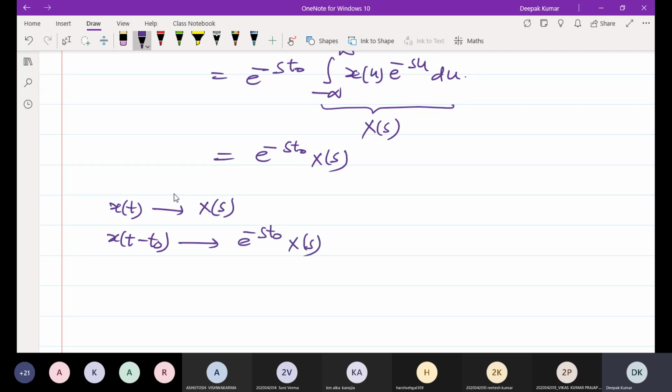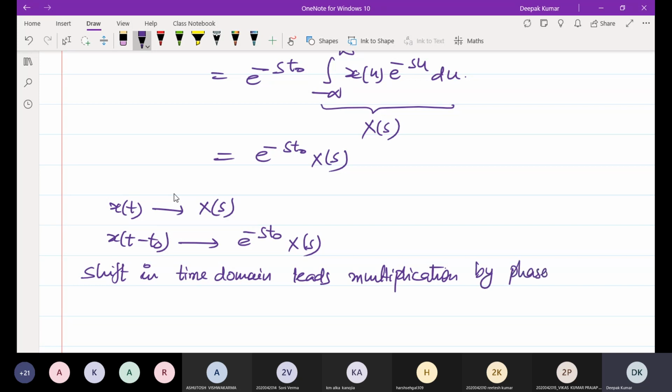So if you shift in time domain, the signal will change here: multiplication with a phasor in s domain.